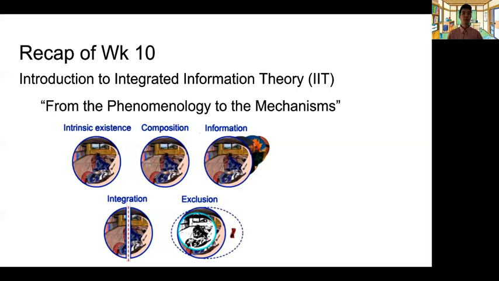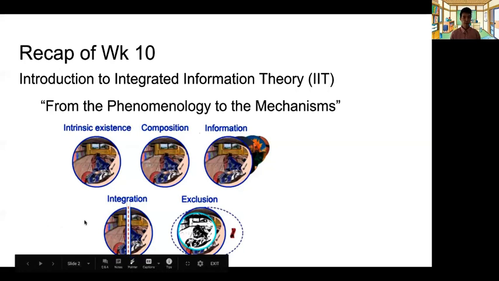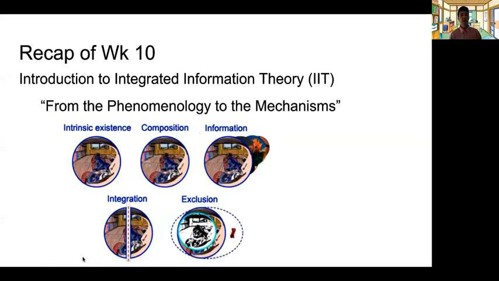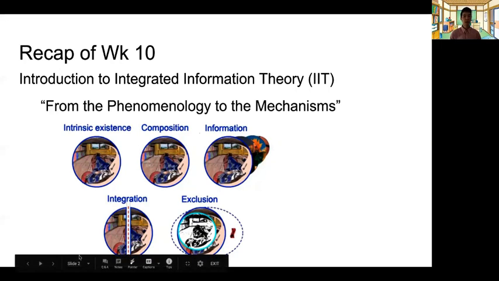Integration means that conscious experience is always experienced as a unified whole, not split. And exclusion means that consciousness is experienced at a particular scale with a boundary, no less, no more, in terms of space and time, as well as features.